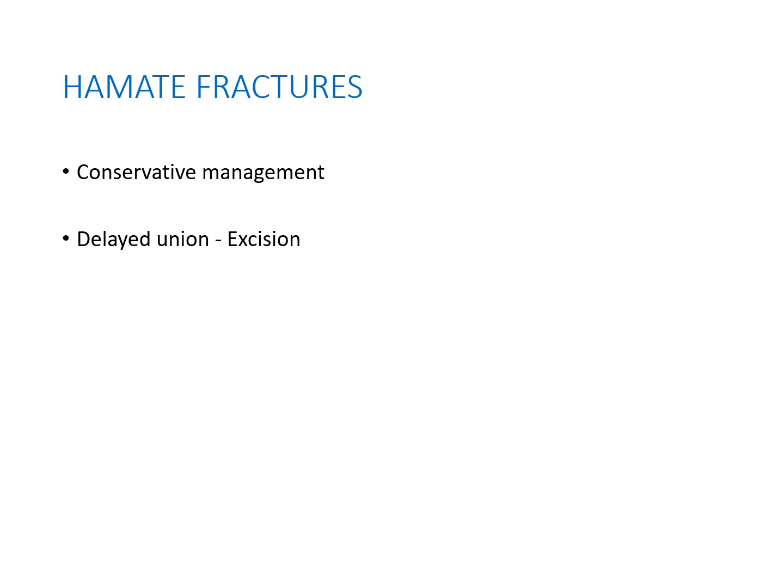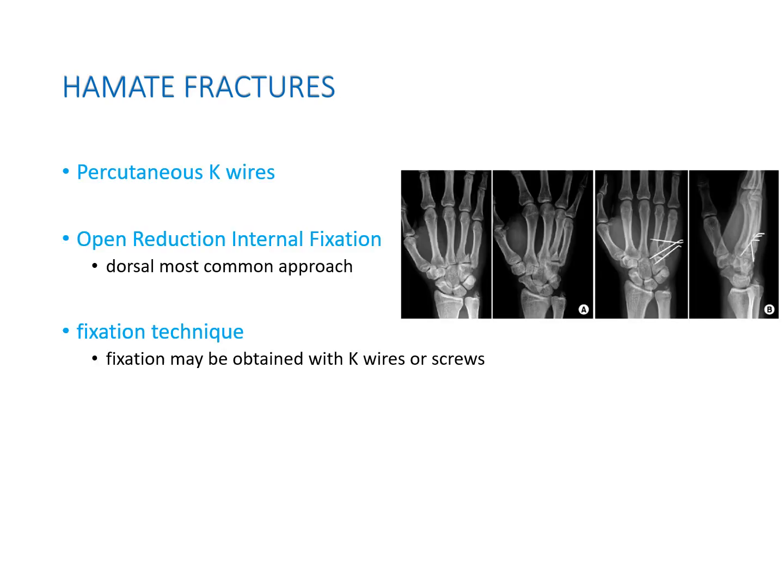Hamate fractures are best managed conservatively. If there is painful non-union, the fragment can be excised. If the fracture is associated with the base of the fifth metacarpal bone, the fracture can be reduced and percutaneous transfixation K-wires can be utilized.